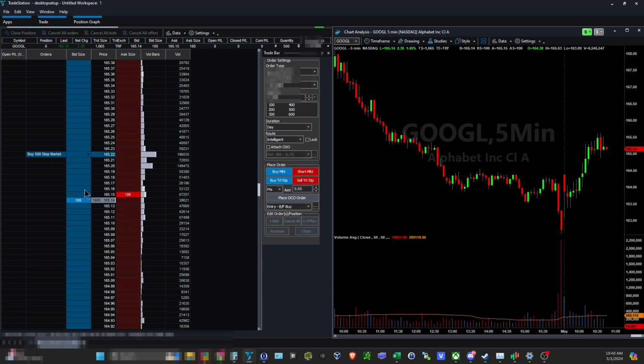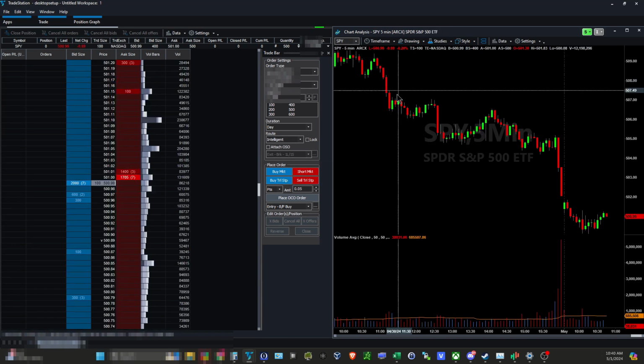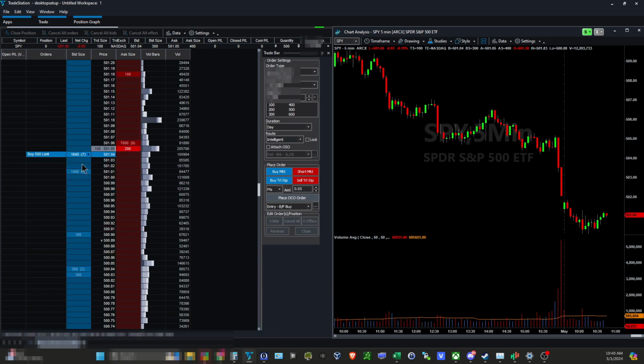This is the reason why I have this on the screen here. When I'm looking at the bid-ask spread on the price ladder, let's look at SPY because it's a lot more apparent. You can see the orders, right? You can see the bid and the ask. You can see how it's moving up and down with the price.